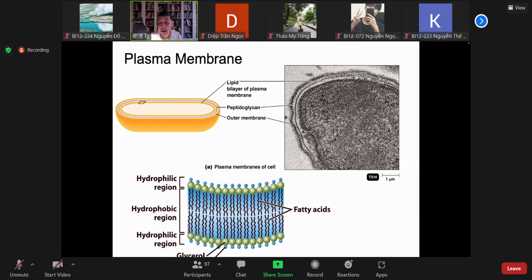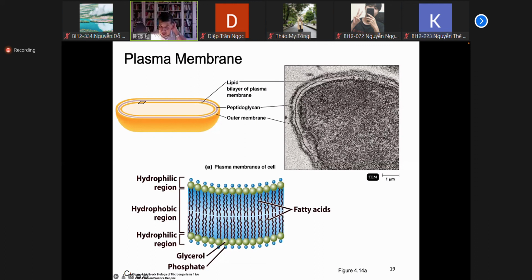This fatty acid is called the hydrophobic region because it hates the water. Because of the hydrophobic interactions, they like to cluster together. So this became the hydrophobic region. And outside, because of the phosphate, it likes the water molecule. It's called the hydrophilic region. Because it's phosphate, it attracts calcium, magnesium, positive ions, as well as water.